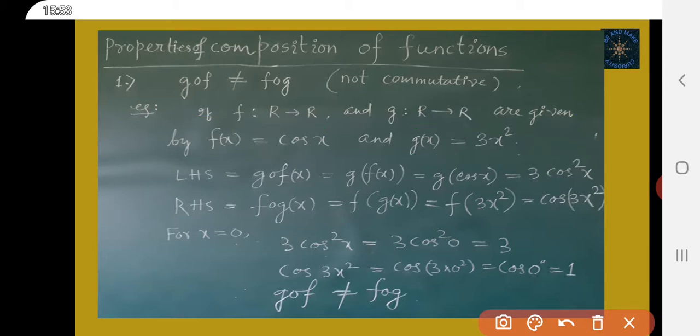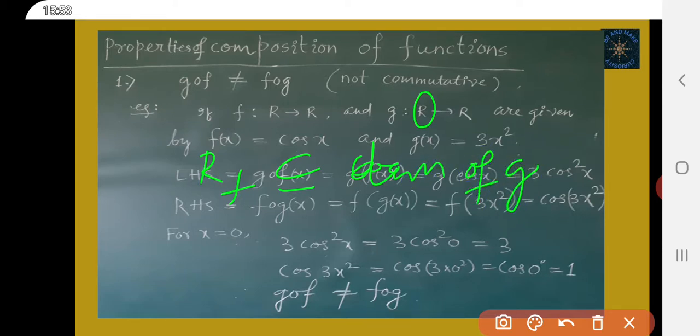And here you see the range of f is a subset of or equal to the domain of g, that is R. So we have gof, the composition of two functions f and g.